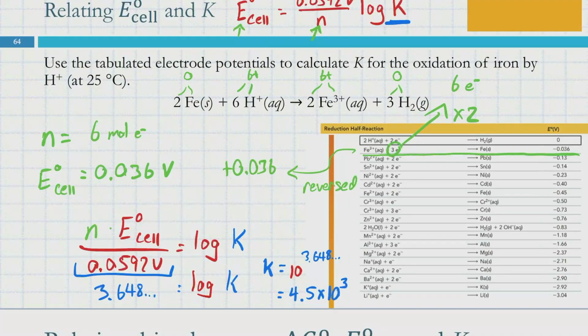For this particular matchup, it's not going to ever be different. It's always going to be 6, because that's the smallest coefficients that we can get for everything to work out in this particular manner. But if you mixed and matched different half reactions, you'd have to figure out a new n value for that particular pairing. So that does change, unlike our E, which doesn't change.